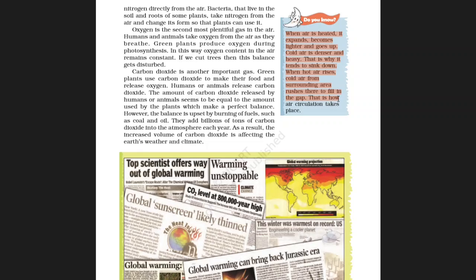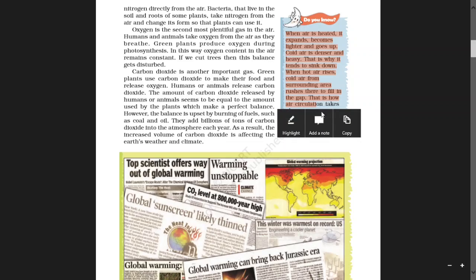That is how air circulation takes place. That is how the movement of air takes place.